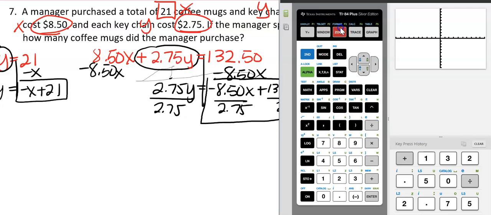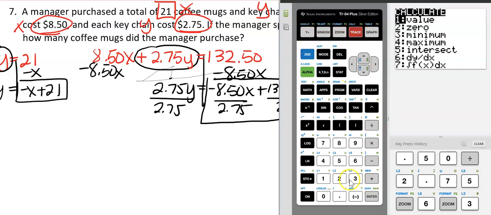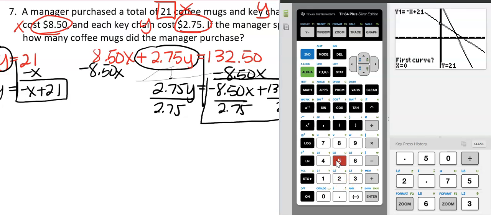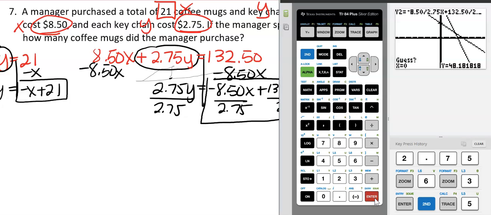lines on there, so I'm going to zoom out, zoom 3, and I'm going to hit enter, and I see where they intersect now. So I'm going to hit second, trace, 5. I'm going to hit enter, enter, enter for a total of x equals 13 and y equals 8.